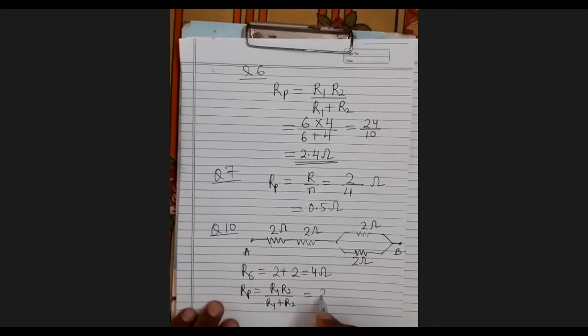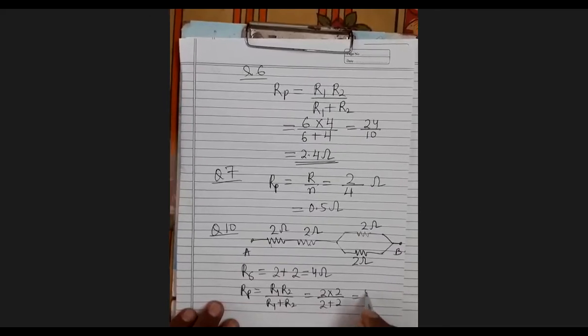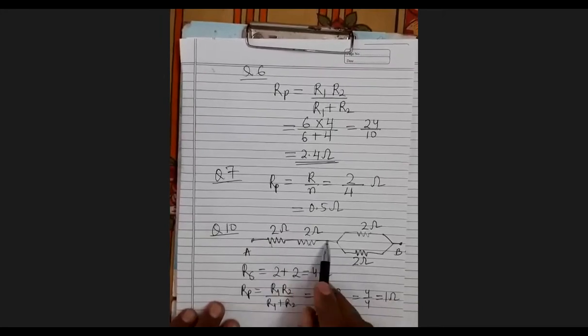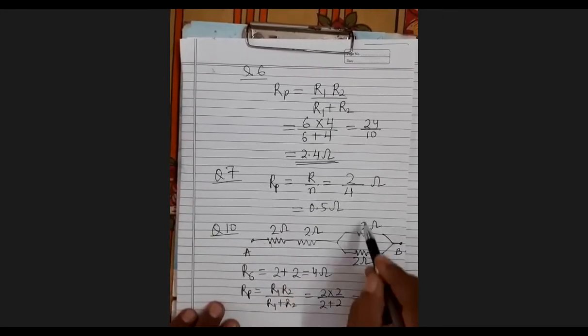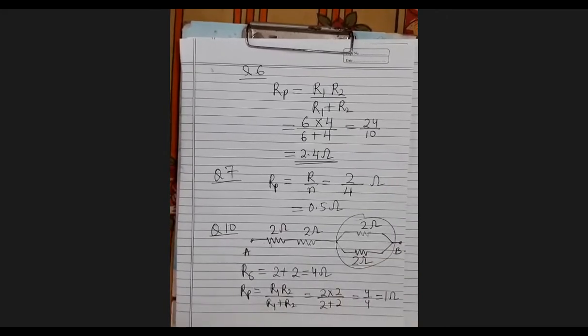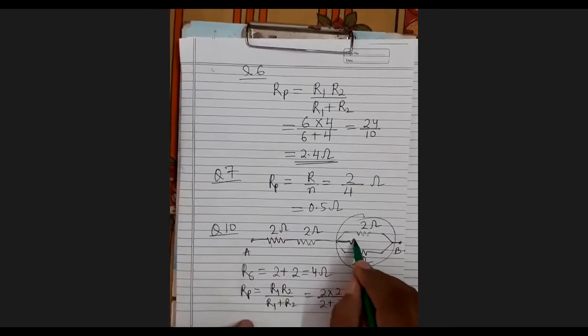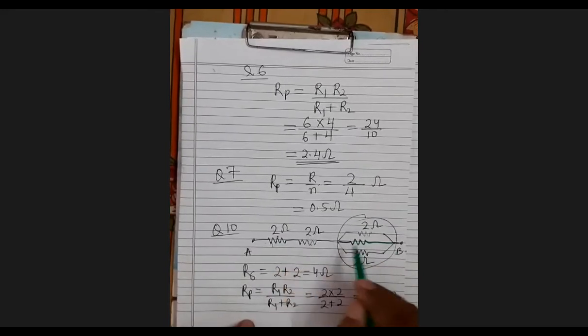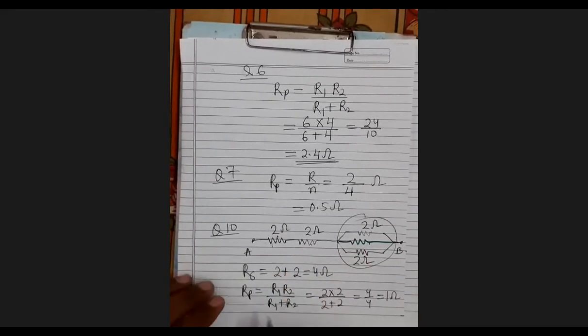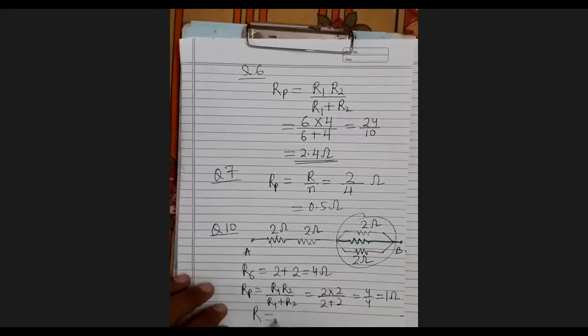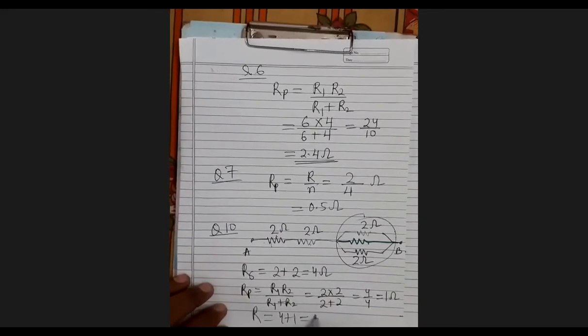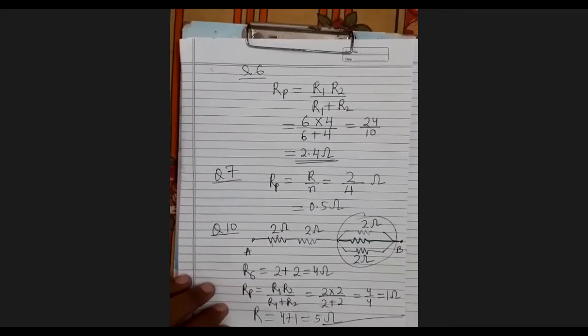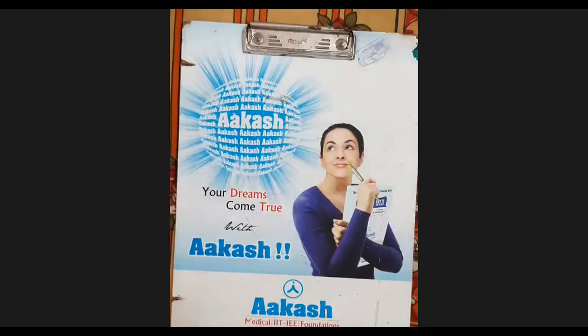So it will be 2 into 2 upon 2 plus 2, that is 4 upon 4 equals 1 ohm. So 2 plus 2 plus 1 equals 5 ohm. So the equivalent resistance is 5 ohm. You can see the next question.